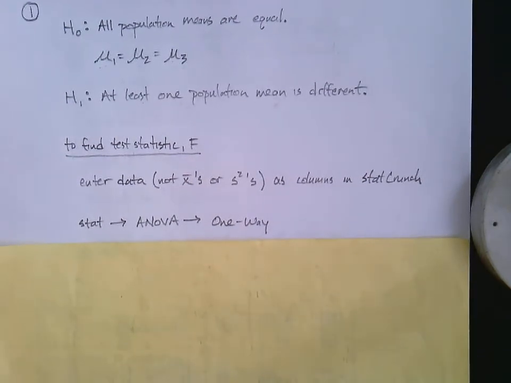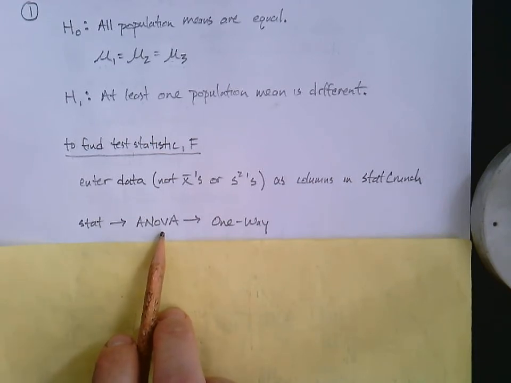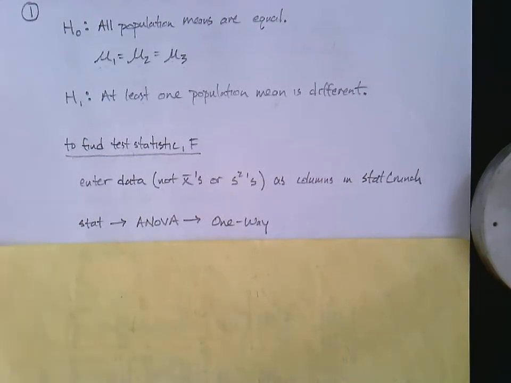Okay, you're going to go to Stat, and about halfway or so down, you're going to find an option that says ANOVA. You hover over that, and then you select One Way.